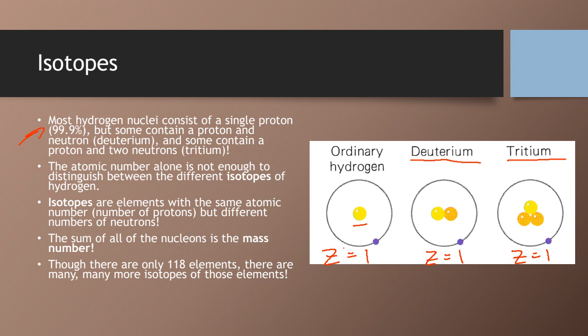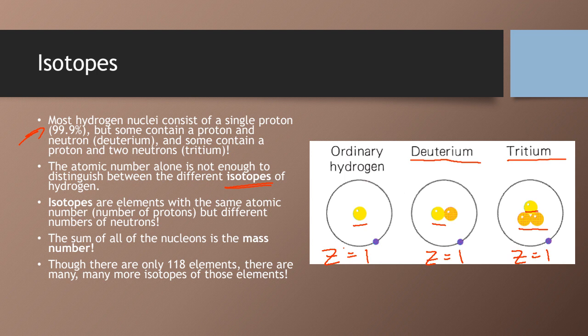We call these different types of elements isotopes. Isotopes have the same number of protons but different numbers of neutrons. So these are all isotopes of hydrogen. These are also hydrogen atoms because they only have 1 proton, but they're just different isotopes of hydrogen because they contain different numbers of neutrons.